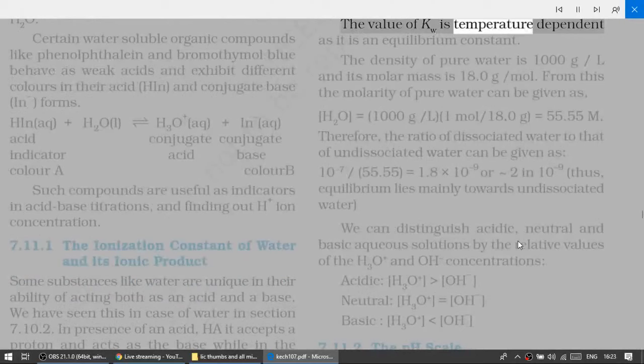The value of Kw is temperature dependent as it is an equilibrium constant.